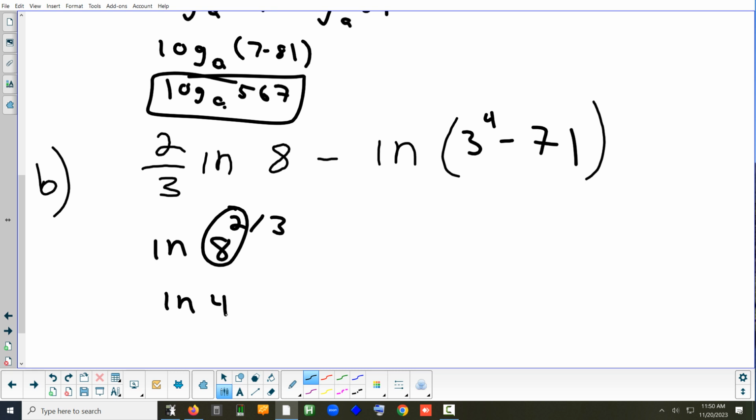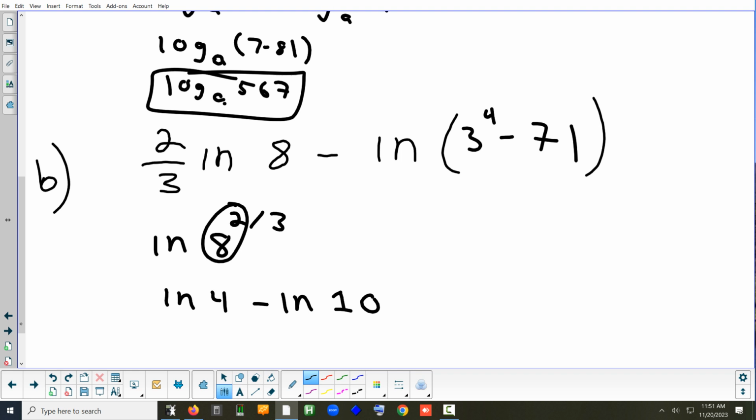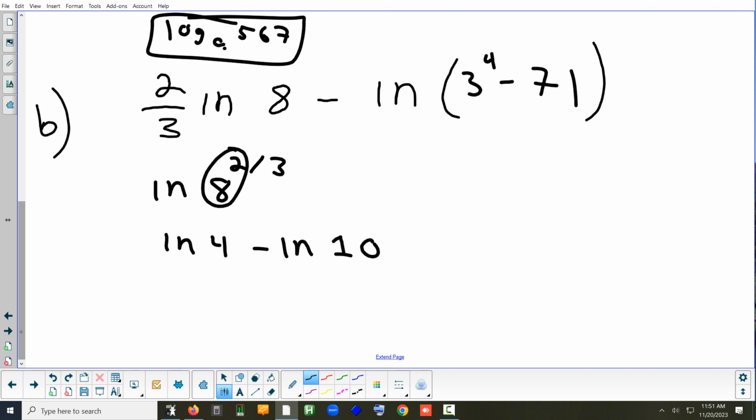Right? So that's the ln of 4 minus, well, what was 3 to the 4th? We just did that. 81. 81 minus 71 is 10. So that's ln 4 minus ln 10. Try to make your 1s and your lowercase l's look different, otherwise you're going to get messed up. And what does that turn into when we combine it back together?